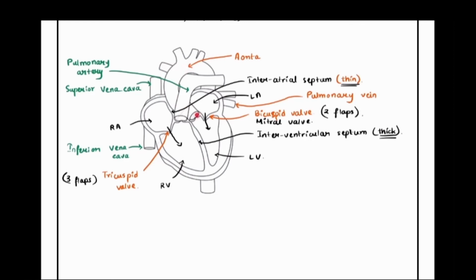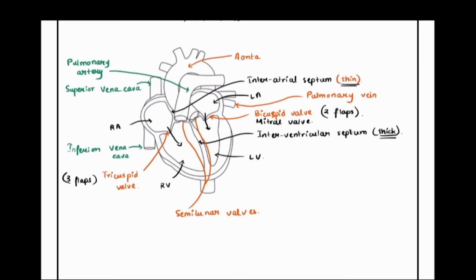There is a valve present over here and over here. So these valves are collectively called the semilunar valves. I'm going to write it over here. These are called semilunar valves.